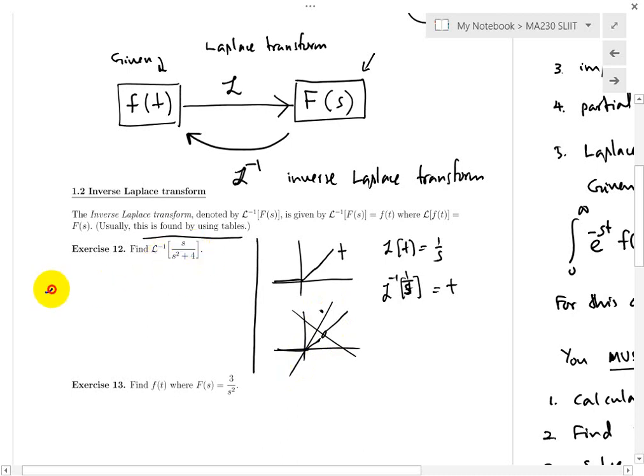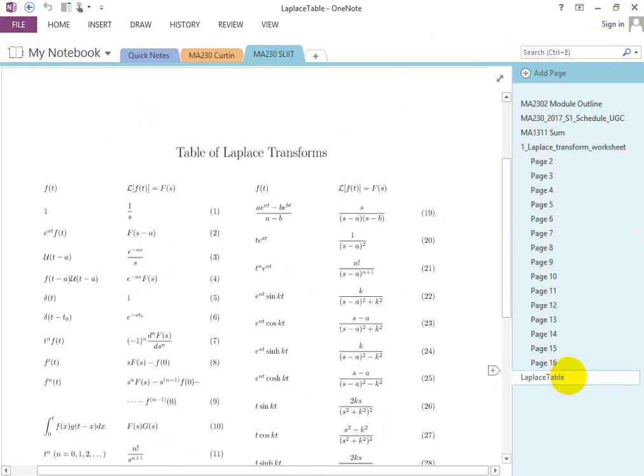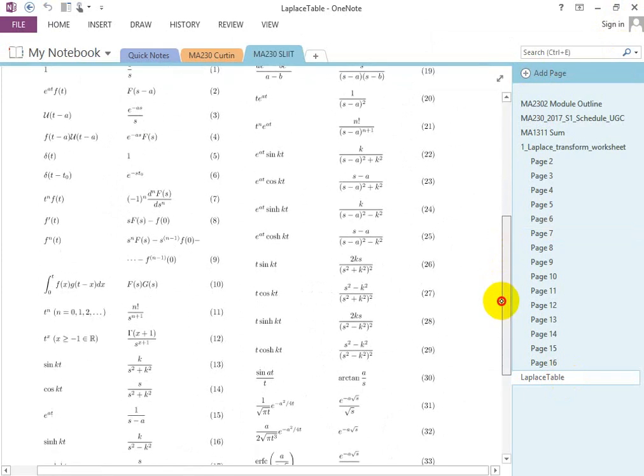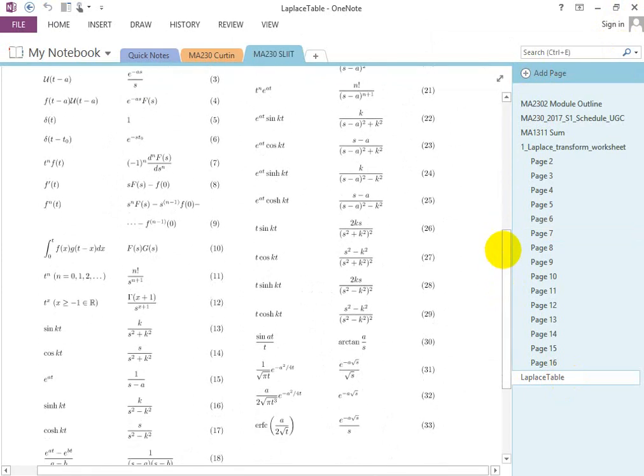Now the given function is, we want to find the inverse Laplace transform of s over s squared plus 4. So using a table, I think you have a table with you. What do you see here? The given function is s over s squared plus 4. So what's the inverse Laplace transform?